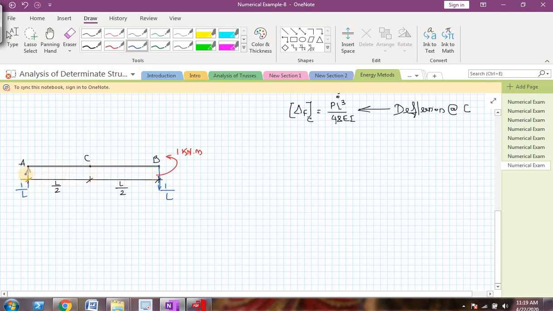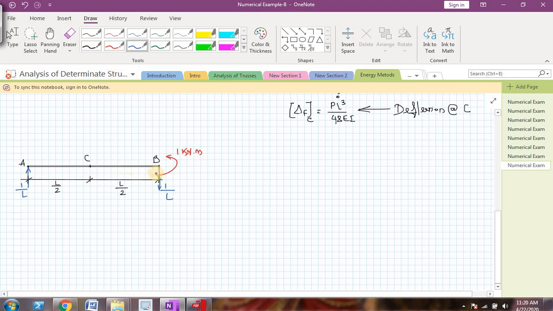You can see this reaction and this reaction will form a couple which will try to rotate the beam in a clockwise direction, and the moment of this couple should be equal to 1, to counteract this 1 kilonewton meter. That's why it should be 1 by L into L. We know the moment of a couple is force multiplied by the perpendicular distance. So the force is 1 by L times L, and it will cause a clockwise moment, and this moment is causing an anti-clockwise moment, so that the beam will be in equilibrium.